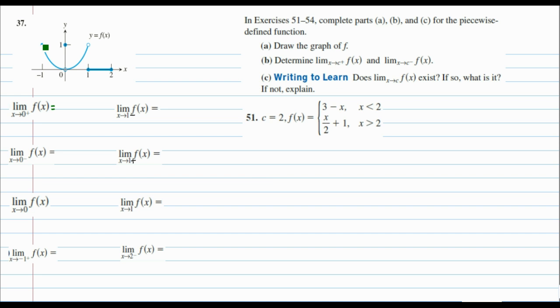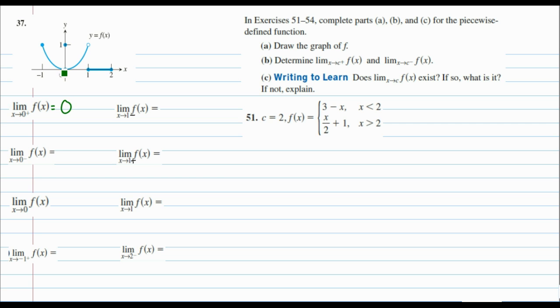Now this try problem has the graph already done for you. They didn't really define the piecewise function, and they're just asking us to identify several limits. So here we go. The limit as x approaches 0 from the right. If I follow the function and approach the x value 0 from the right, the y values get very, very close to 0.